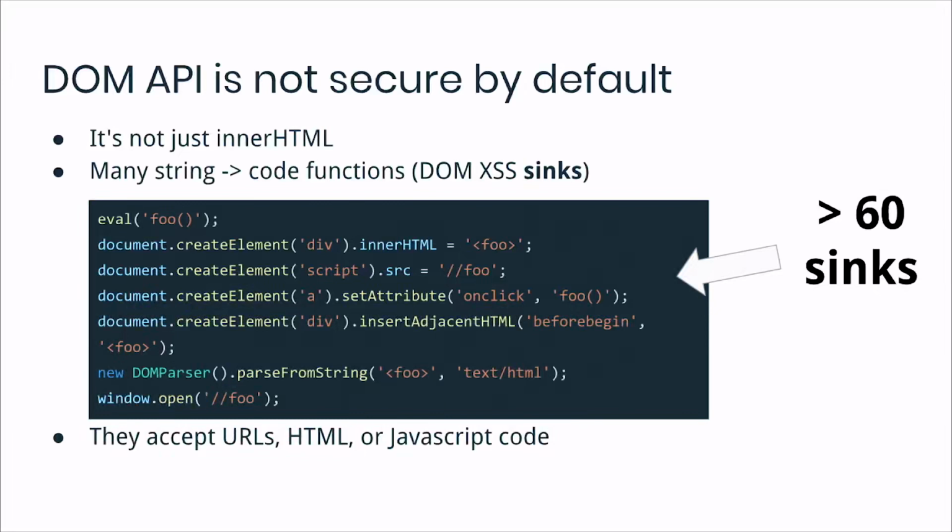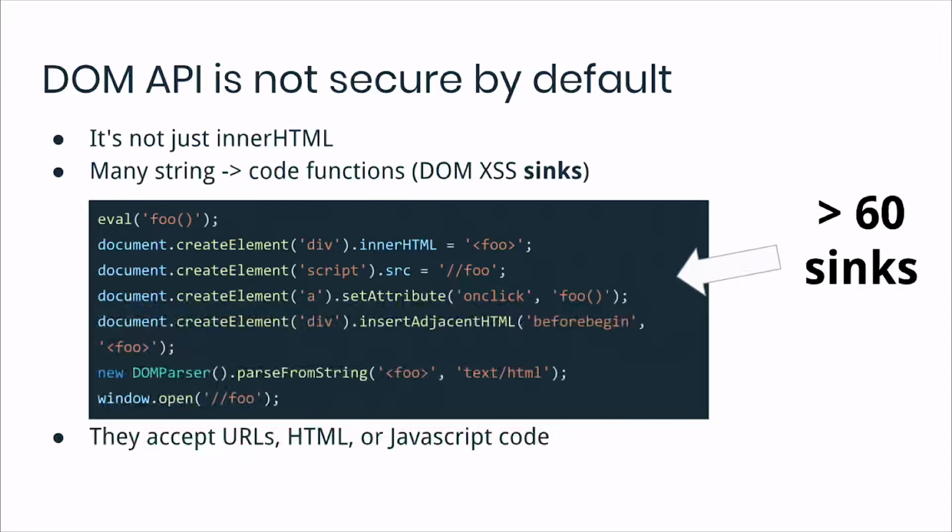There are over 60 properties or functions available in the browser that are able to do just that: take a string and make it cause JavaScript execution controlled through that string. Eval is a classical example again. It takes a JavaScript snippet and it will just execute it.